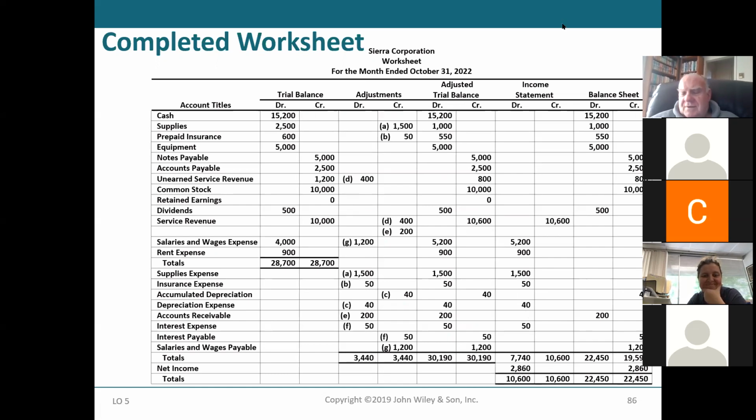I hope it does. It's a little scary. The thing is, they're giving you the beginning. You are the ones who are going to come up with the adjusting entries and then the trial balance. And once you have the trial balance, you move everything over to the income statement and balance sheet, and we're done. We are done.